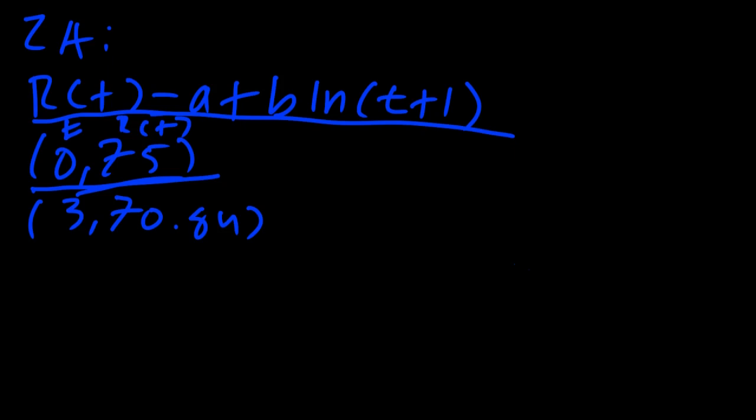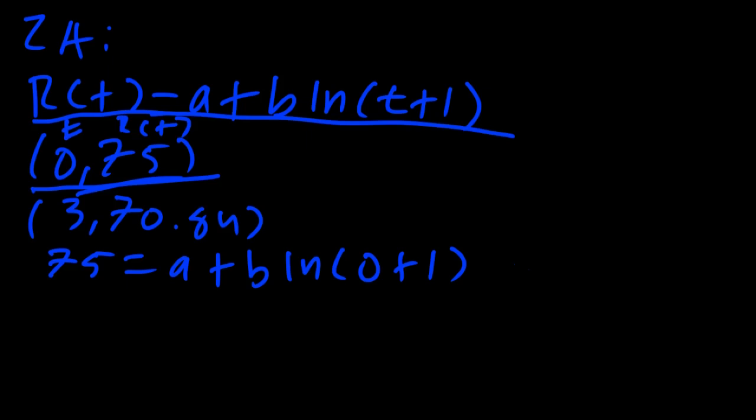We can plug in r of t in the first equation with 75. Then we can write down the rest of the equation. Then what can we plug in for t? We can plug in 0 for t. So we have that. That's our first equation. I guess you can simplify 0 plus 1 into 1.